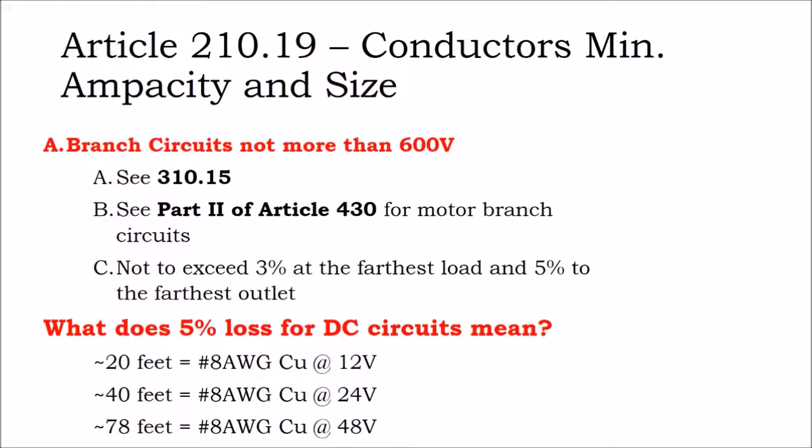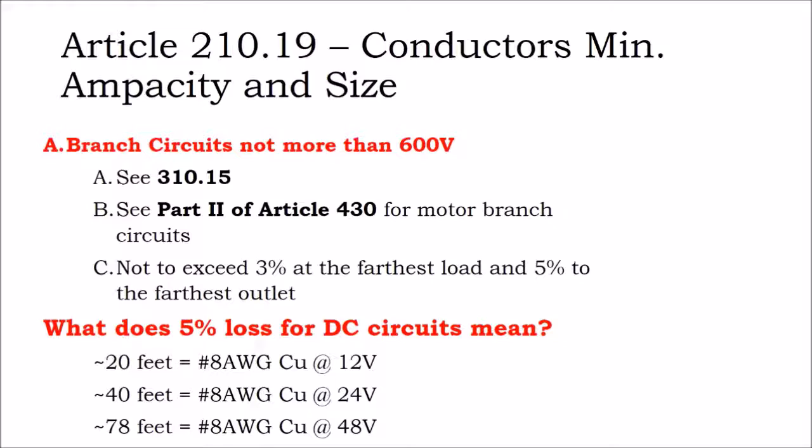Article 210.19, conductors, minimum ampacity and size. So we have branch circuits that are sized for not more than 600 volts. And then sometimes in code, there's other sections for circuits that are greater than 600 volts, which get into non-residential electric services.